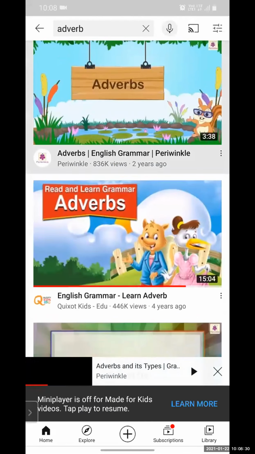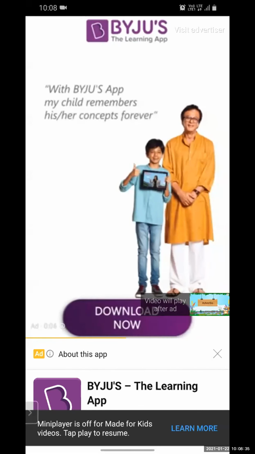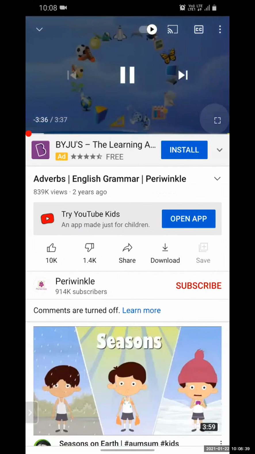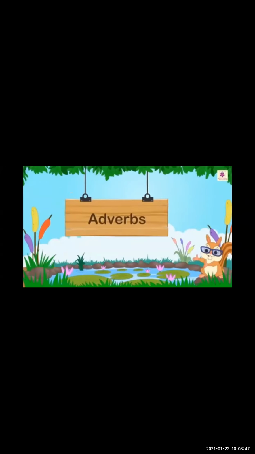Adverbs. Adverbs provide information about the manner, place, time, frequency, or degree of action denoted by the verb and adjective. Adverbs.